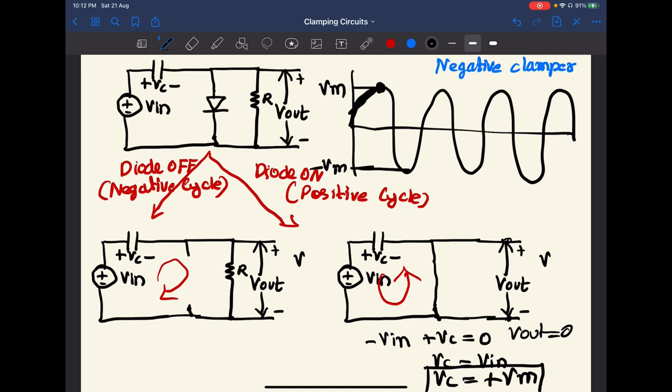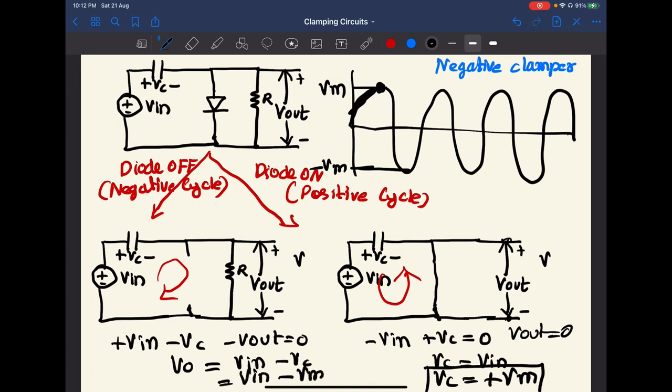In the left case, we can apply the KVL: plus Vin minus Vc minus Vout equal to 0, or Vout equal to Vin minus Vc, or Vin minus Vm. This is the equation for the output waveform.